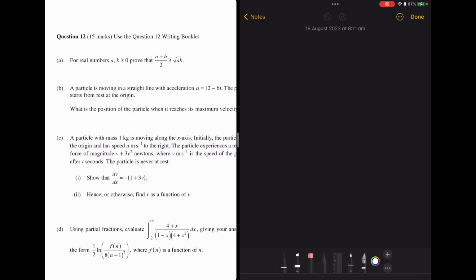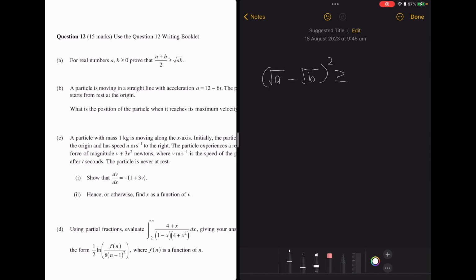So, what we start off with is the difference of the two numbers, root a minus root b, all squared, is greater than or equal to 0. So using this identity, we can prove the answer directly.